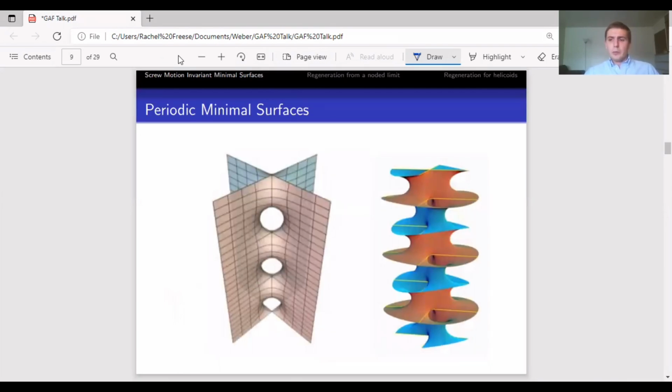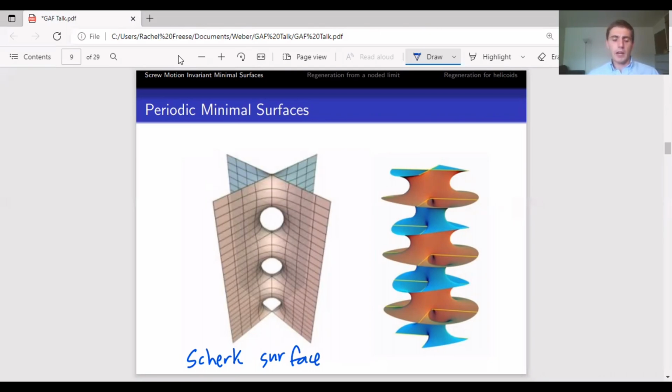So here are some other minimal surfaces that will be relevant to what we're talking about. This one is pretty well known. It's called Scherk's saddle tower, or Scherk surface. Some of these minimal surfaces are infinite, of course.